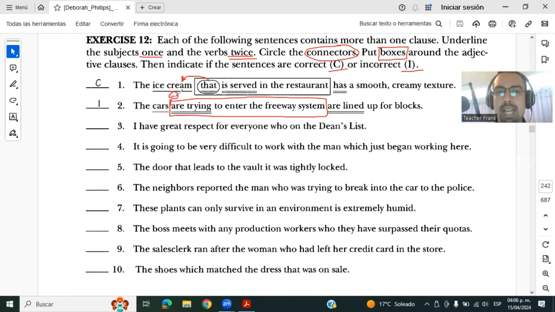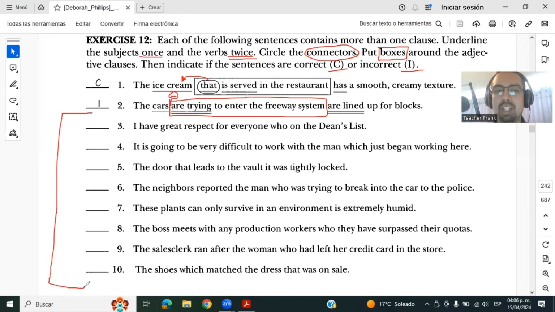The cars that are trying to enter the freeway system are lined up for blocks. Let's see. Missing connector subject, which are trying, that are trying. I need a connector here, right? Okay, so be careful. Do number 3 to 10. Pause the video, do those exercises, and then we will check them in a moment, okay?